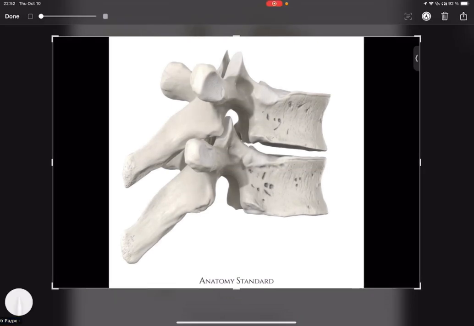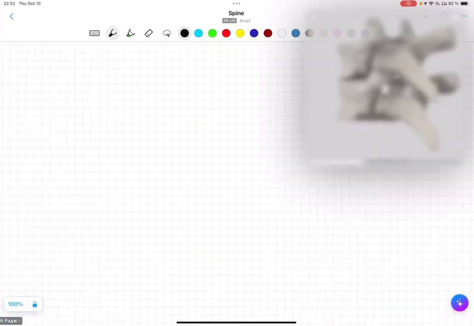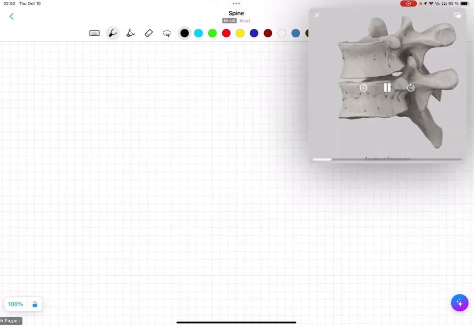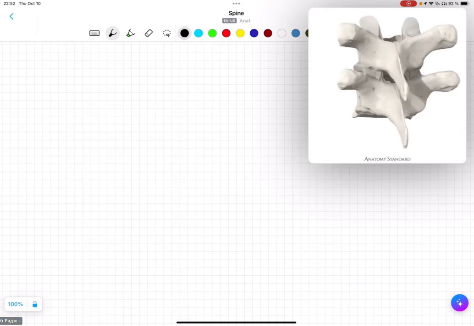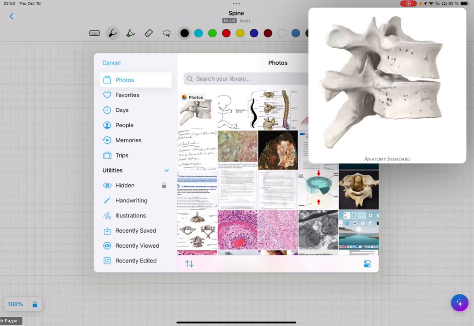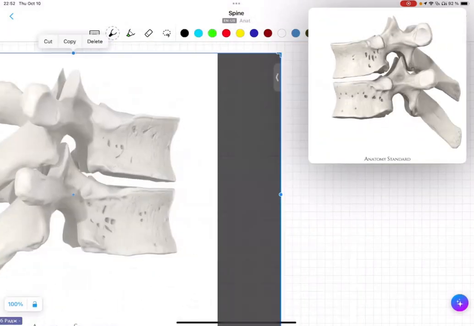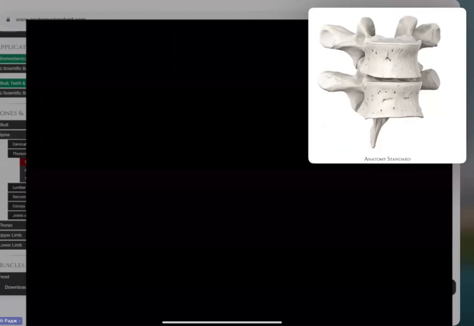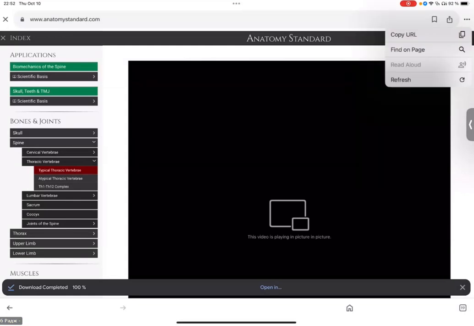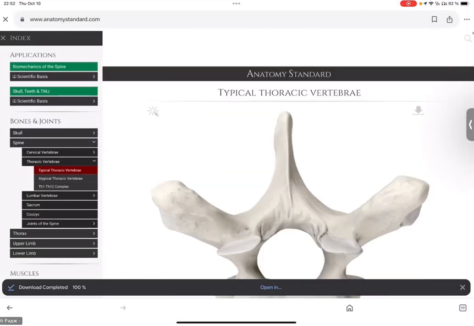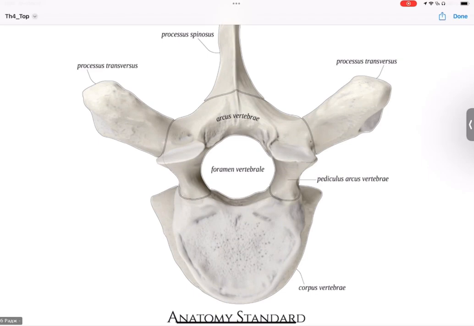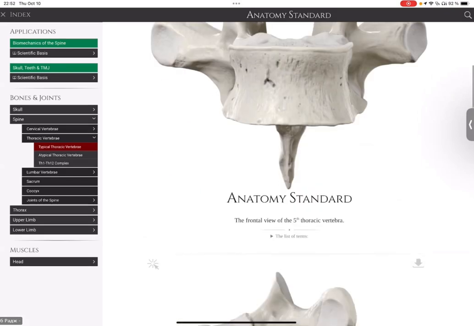Yes. So let's see. I will keep it minimized for you here so that you can see vertebrae. Or this image. Where did I download it, those images? Ah, just a minute, guys.